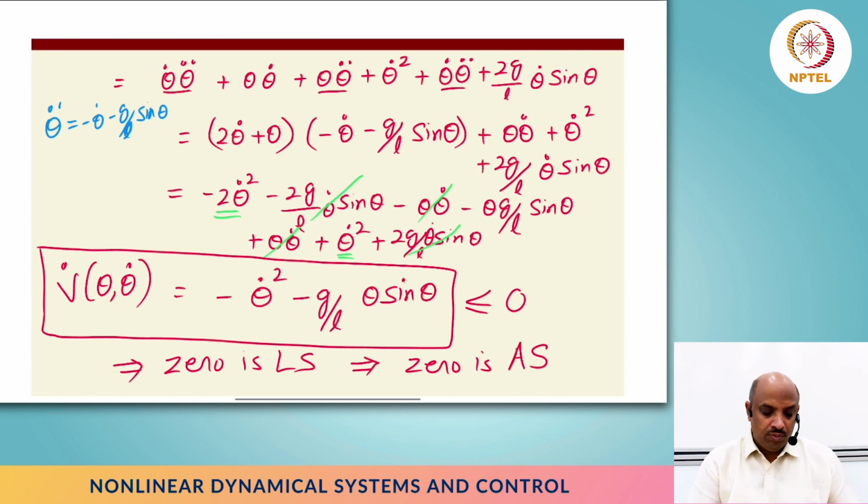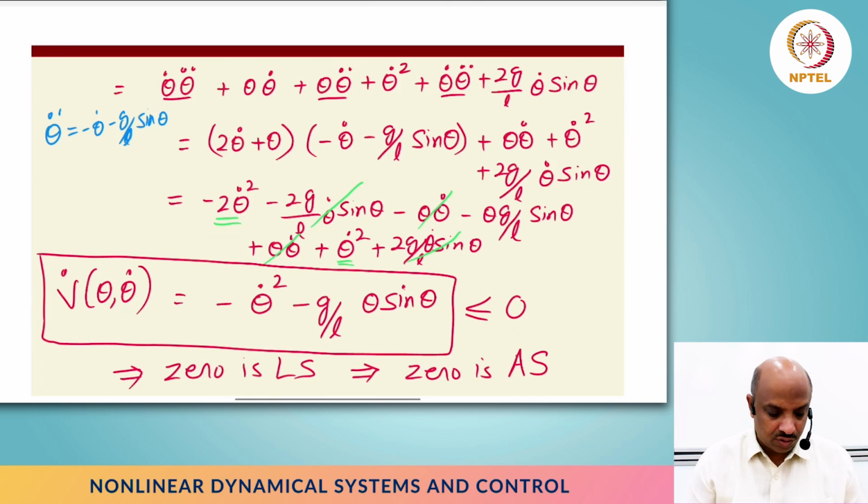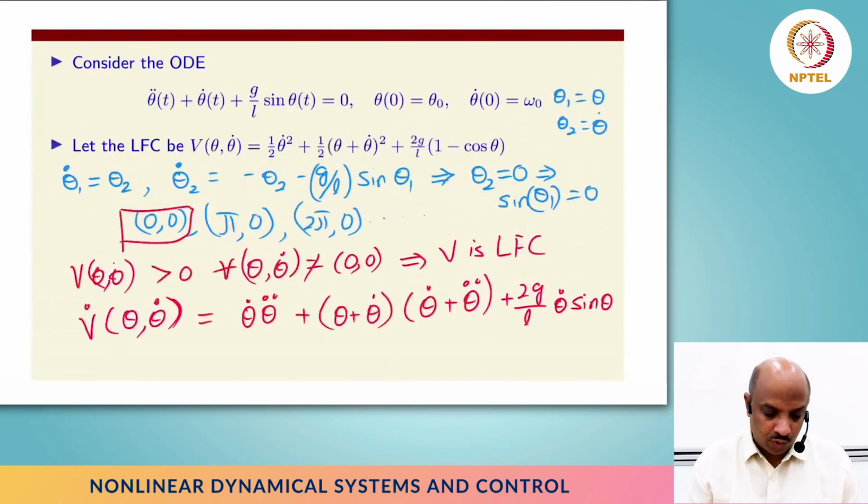Okay. And so we have shown that V dot is less than or equal to 0, but we actually showed further that V dot is indeed strictly less than 0 for all non-zero theta dot. And what about exponential stability? Unfortunately, with this V it is not straightforward.